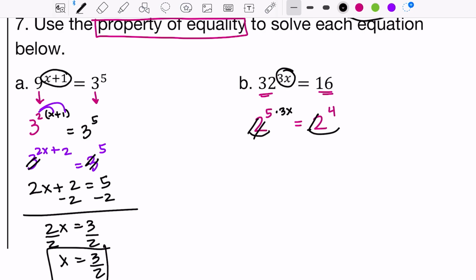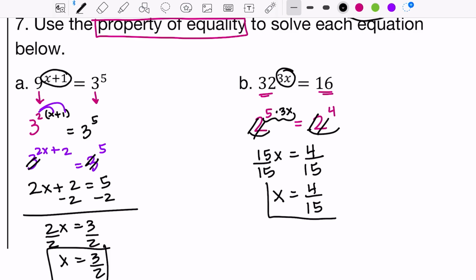Now that they match, we can just solve the exponents. 3x times 5 is 15x. And this side only has a 4. So we get x equals 4 over 15. Okay, and that's that piece.